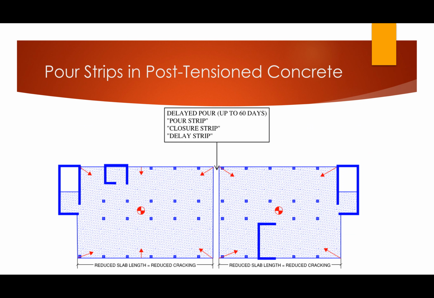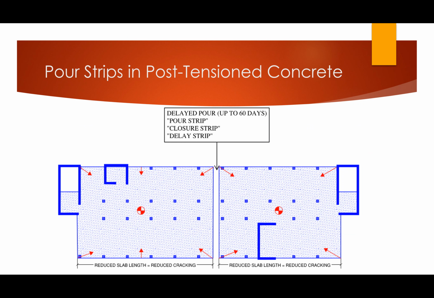So the idea is both the left and the right-hand side are going to shorten over a period of up to 60 days, but definitely at least 30 days to really be effective. And only then do you infill the pour strip. And of course, that pour strip has to make the slab behave as a continuous slab under the final configuration.